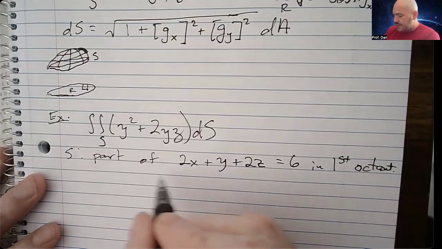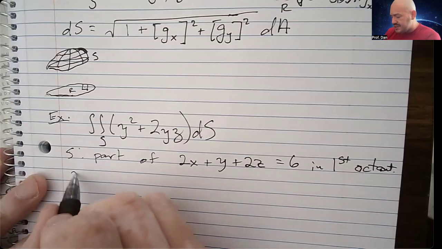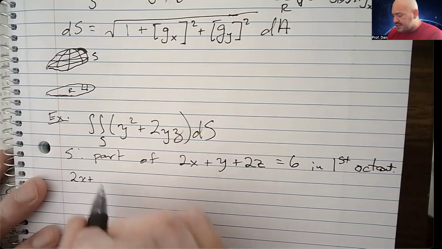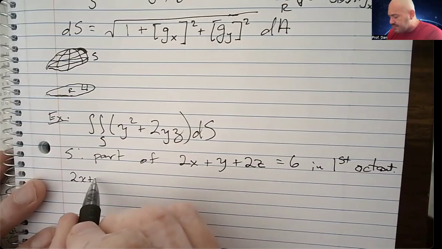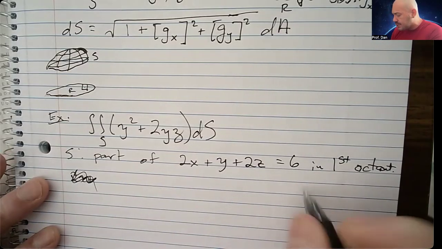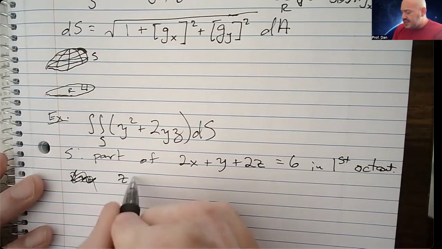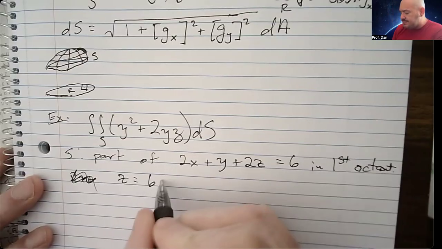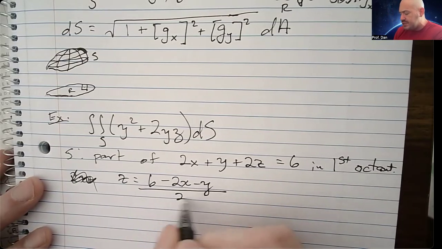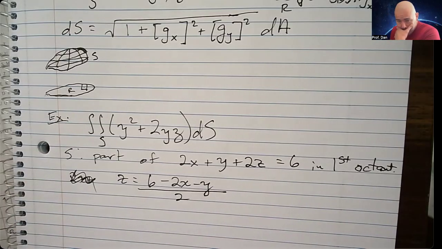So if I isolate this and solve for z, I'm going to end up getting z is equal to 6 minus 2x minus y, all divided by 2, right?